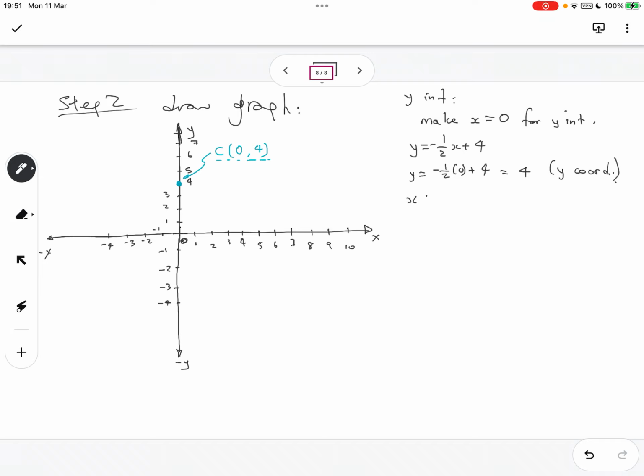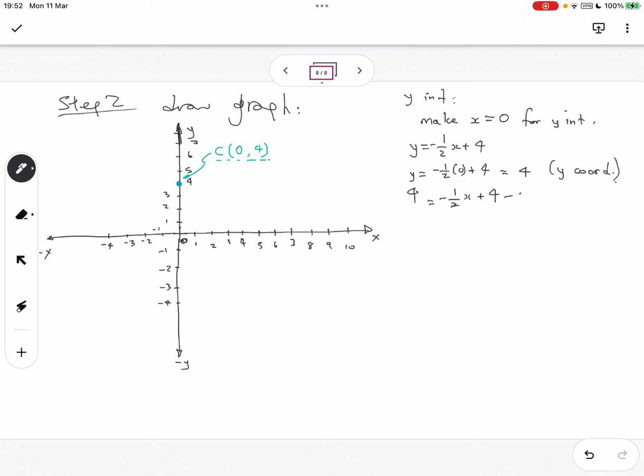And if we want the x coordinate, we simply substitute where y equals 4. How much is x? So for the x coordinate we can have where y equals 4, what's x? Plus 4.